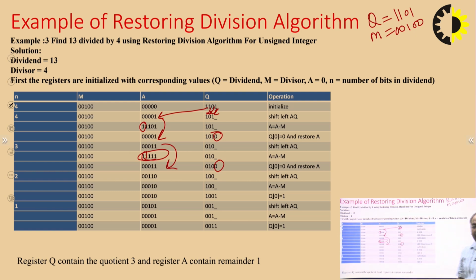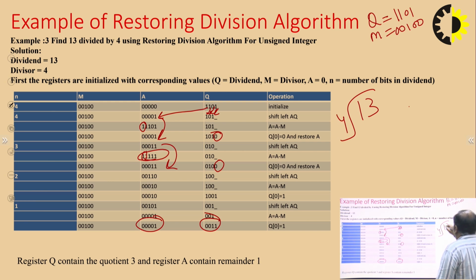In the same way we do, and after doing the 4 steps, our answer will come in terms of 1 and 11. What we see, if we divide 13 by 4, it's 3, 12, 1.